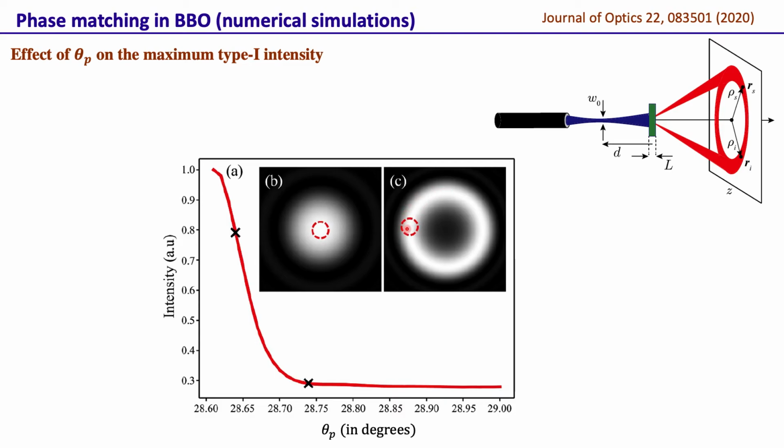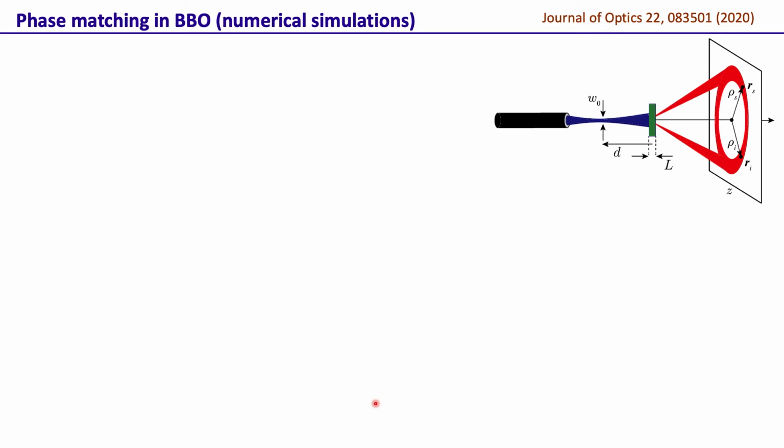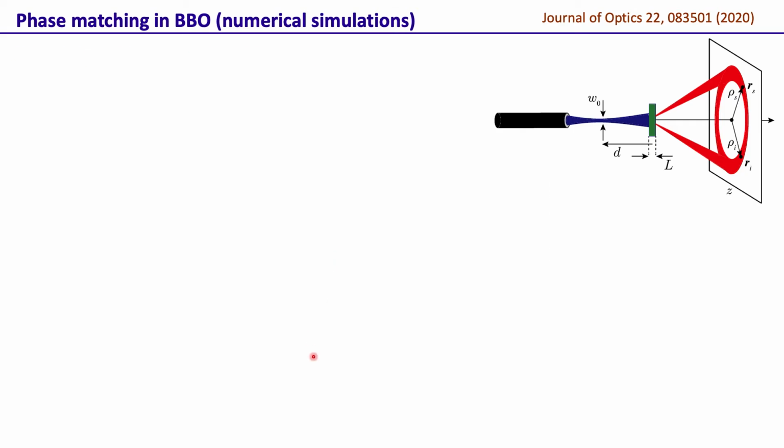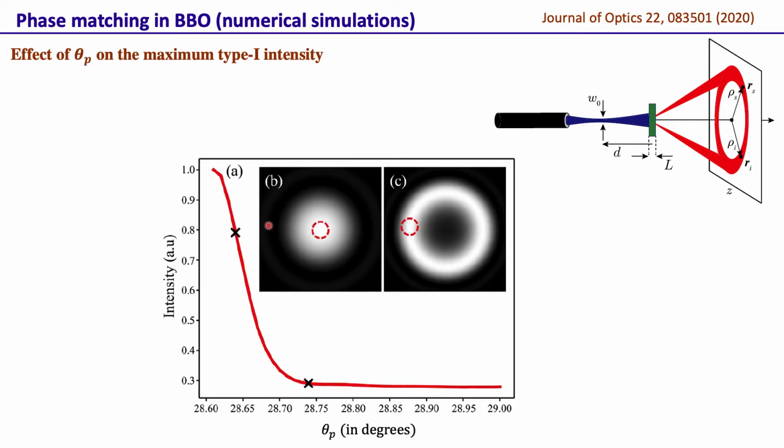If you just track the maximum intensity point, this gives a function like this. Of course, we know that the total power is independent of theta, as we saw here. Once it reaches perfect phase matching, the total power remains constant. But even then, the maximum intensity of the type 1 actually decreases in this manner.